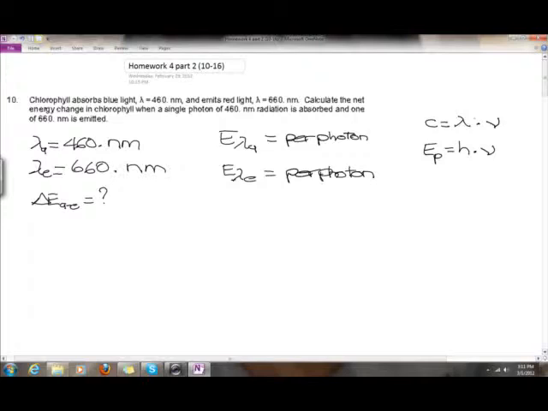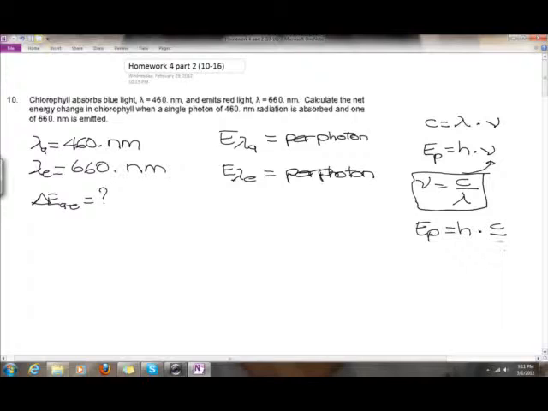If we set up the first equation in terms of frequency, we can plug it into this equation. Dividing both sides by the wavelength gives that the frequency is the speed of light divided by the wavelength. So the energy of a photon is equal to the Planck constant multiplied by c over wavelength.